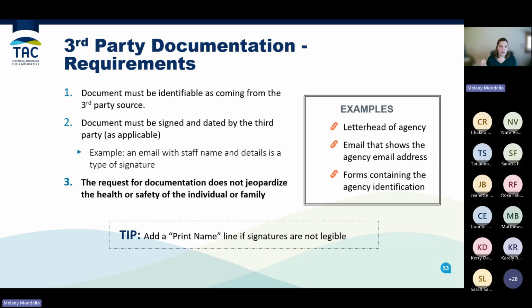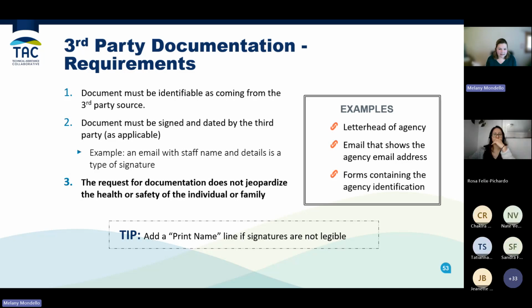You just have to have some way for someone who's not you to know where you got this letter. It does need to be signed and dated. You saw the example of email. It could be something that's signed and dated by the staff that's referring to you. More often than not, you cannot read signatures.